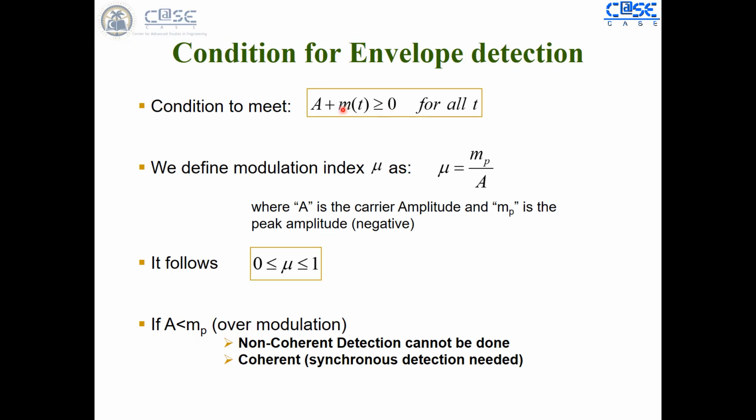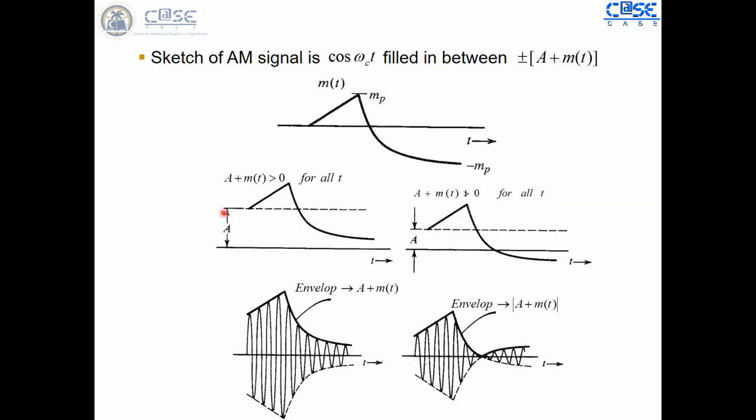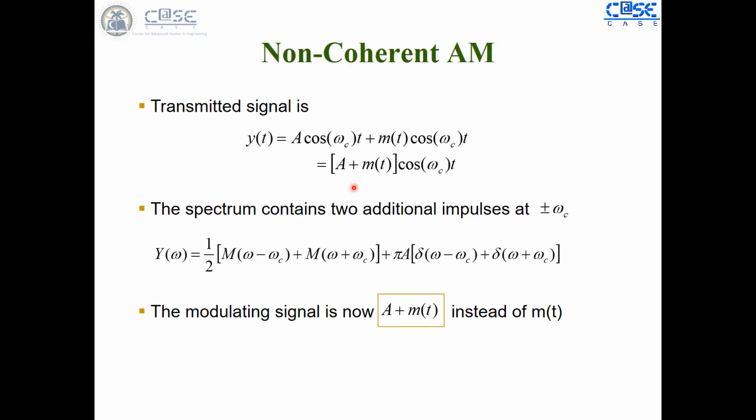But how much greater? You can have A indefinitely large, right? And all those values of A will meet this requirement. A plus m(t) will become greater than 0, right? But remember, A is nothing but the amplitude of the carrier term. Remember, we are adding this term along with the modulated signal, and this term alone is called the carrier term, right?